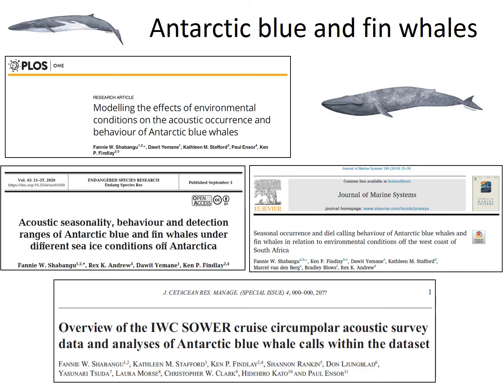The third one was done on the west coast of South Africa, where we looked into the effect of environmental conditions on the occurrence and calling behavior of blue whales. And the last paper was mainly looking into the management of data, which was interesting.